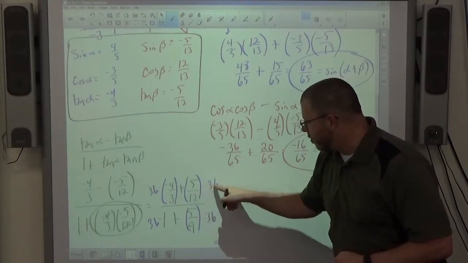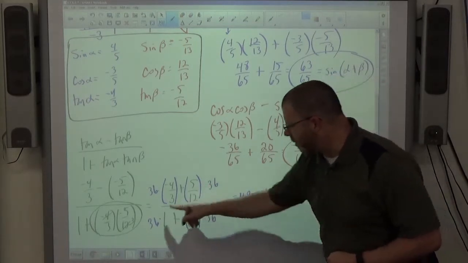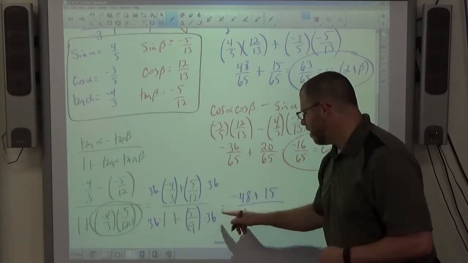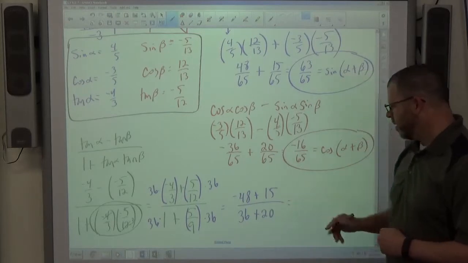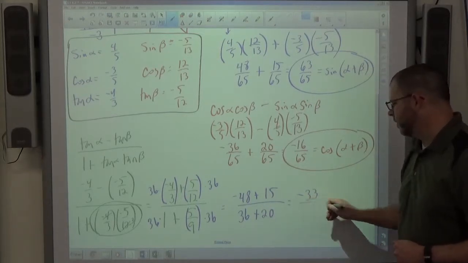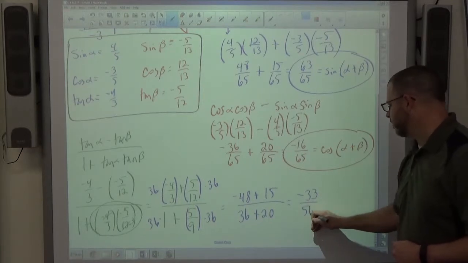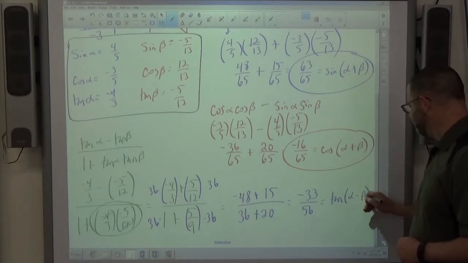Plus 36 divided by 12 is 3 times 5 is 15. On the bottom, 36 times 1 is 36. 36 divided by 9 is 4 times positive 5 is positive 20. Add or subtract, negative 48 plus 15 is negative 33. 36 plus 20 is 56. That's the tangent of alpha minus beta.